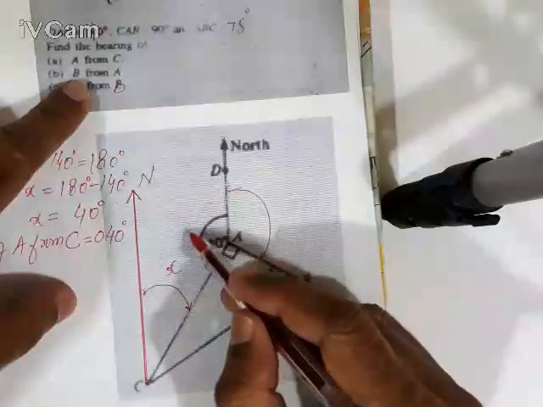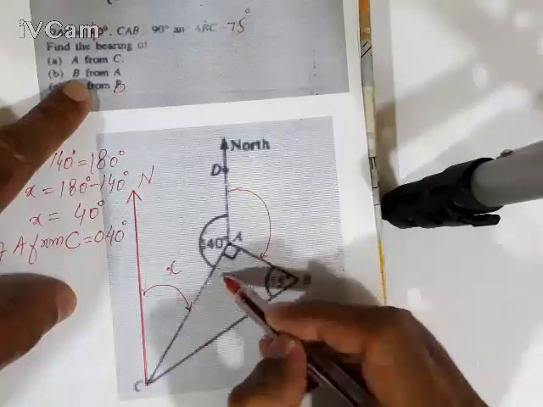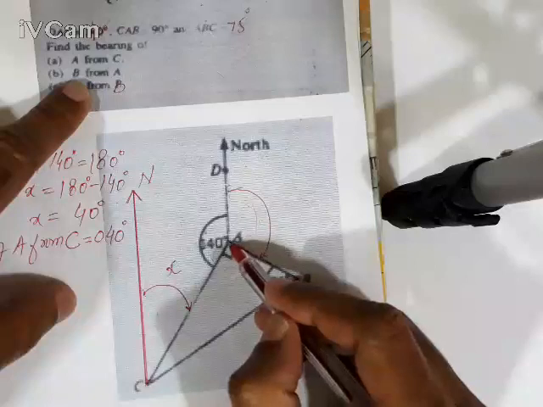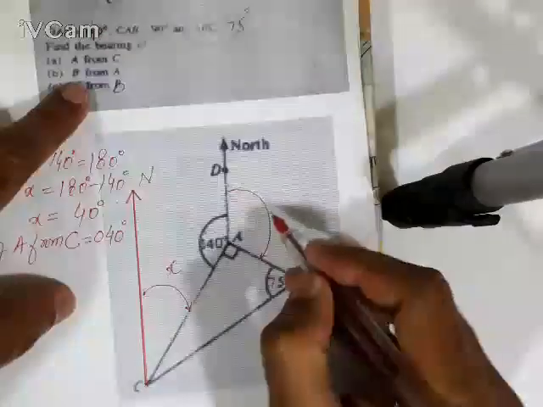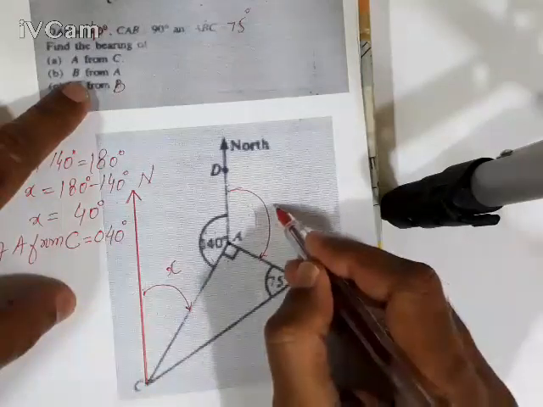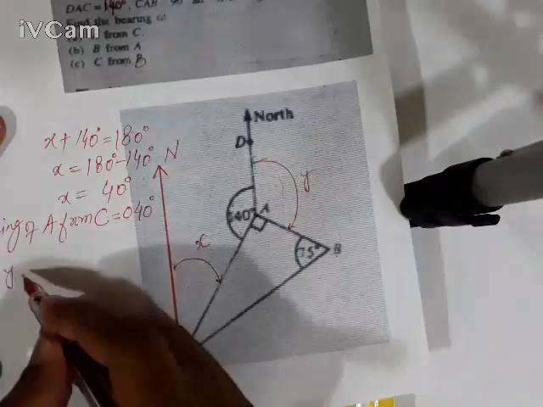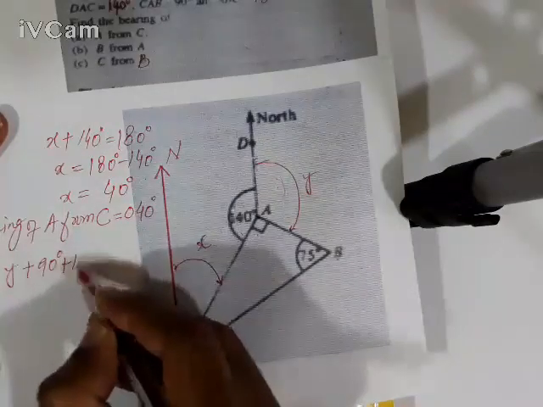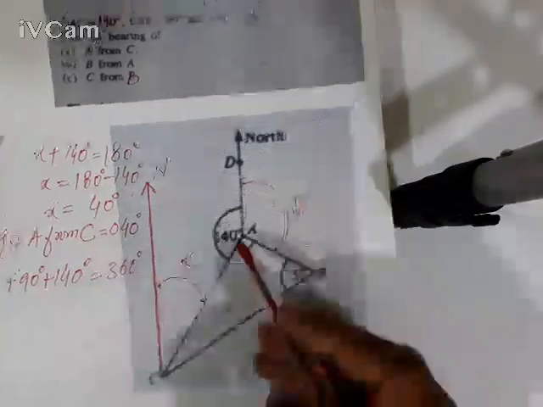So angle at a point is equal to 360 degrees. So the whole shape is a circular path. So this is our central point. So add this angle and this angle. Let us say the name of this outer angle is Y. Now we have to calculate Y plus 90 degrees plus 140 degrees, which is equal to 360 degrees. Why is it 360 degrees?